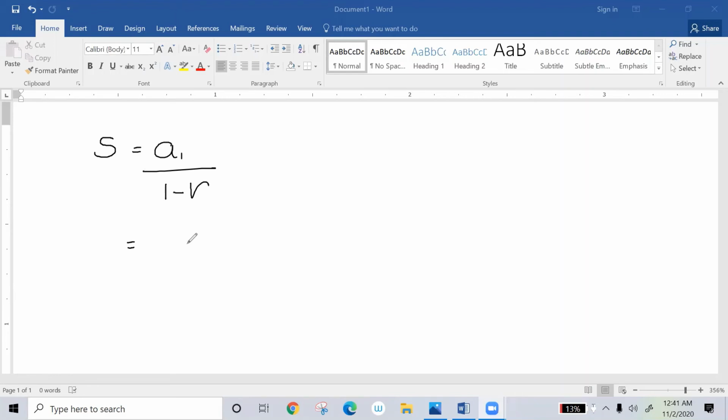Our first term from the given is 1 over 3, all over 1 minus the common ratio, which is negative 1 over 3.